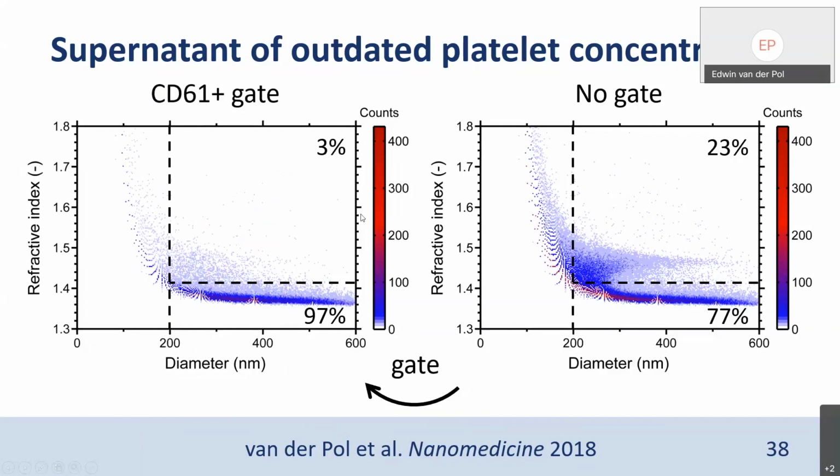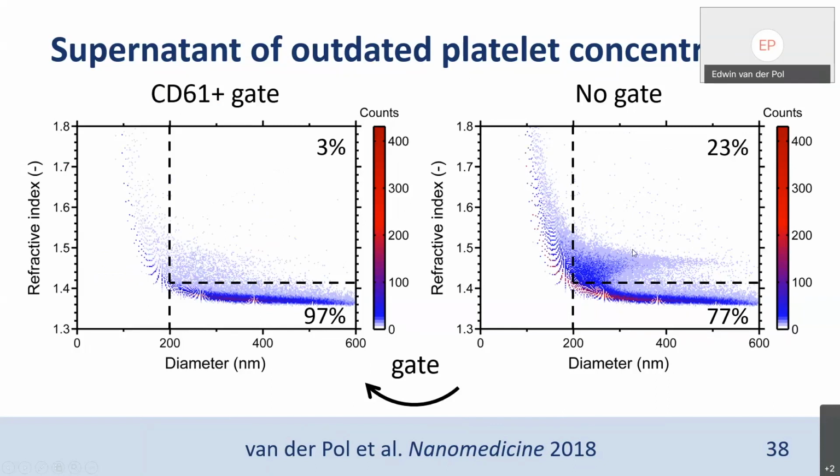And here on the left, you can see the refractive index diameter plot for only CD61 positive EVs. And then you can see that the majority of particles, 97%, had a refractive index smaller than 1.42. So now the next question which arises is, what was this upper band here?